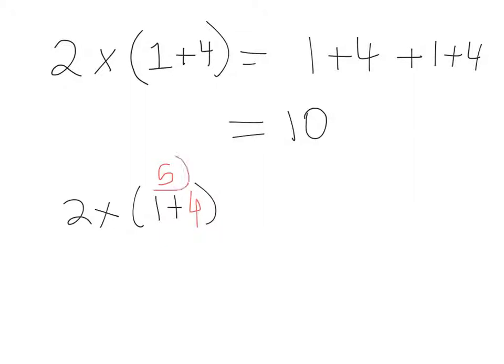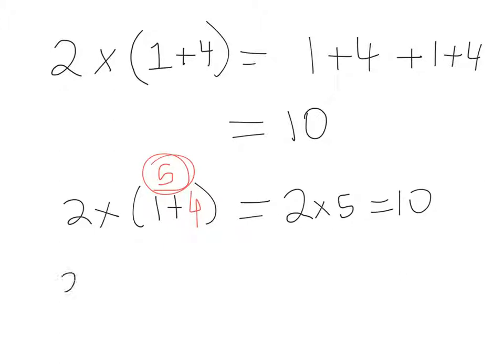Okay, so this stuff in here equals 5, which equals, 2 times 5 we know is 10. 2 times 5 equals 10. So we know we have the same answer up here and down here. So it works both ways. We can write it out like this in a long way, or we can write it in a simple way like this.